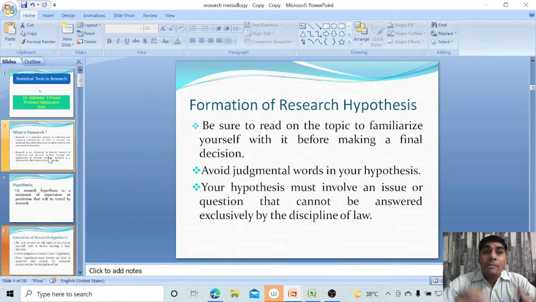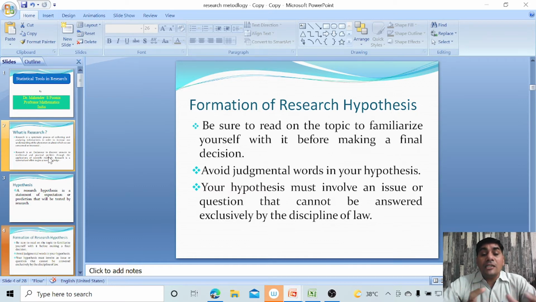That means we have to read the literature review and the previous research, and come to a point about what the research gap is and how we can find it. Then we have to finalize our hypothesis. So first of all, we have to read about our topic in detail. Right?